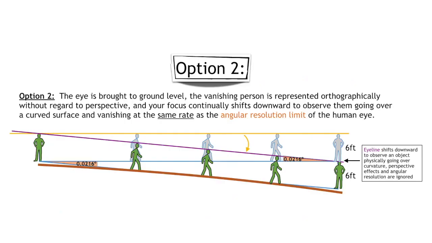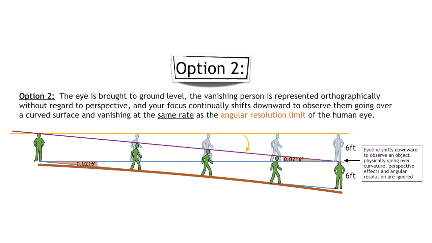So option 2 was that the eye is brought to ground level. The vanishing person is represented orthographically without regard to perspective, and your focus continually shifts downward to observe them going over a curved surface and vanishing at the same rate. It just so happens to be the angular resolution limit of the human eye, and we will show that momentarily.